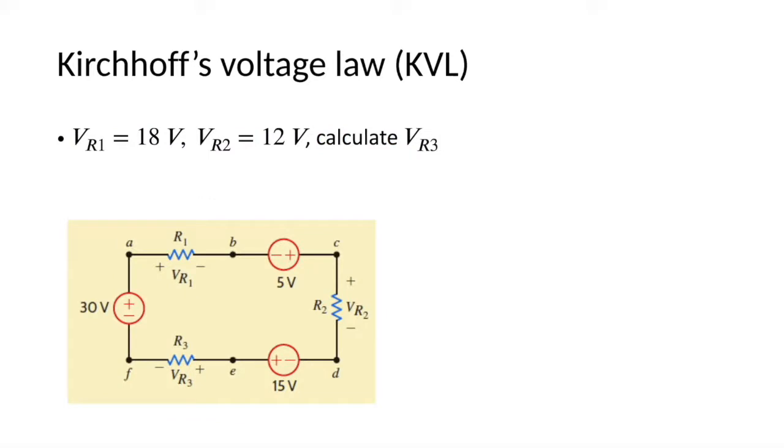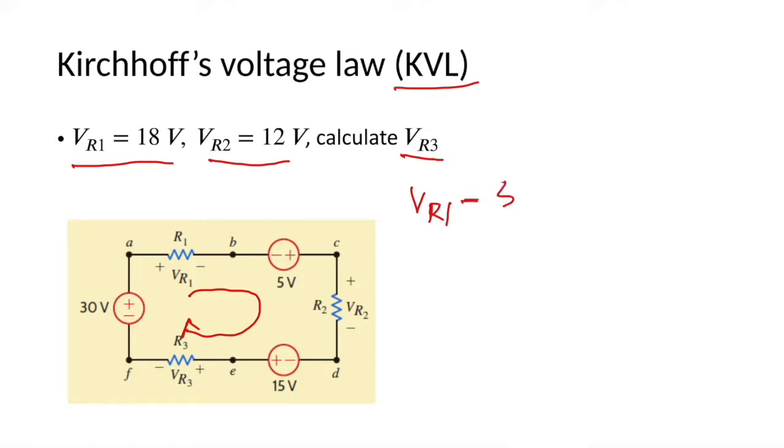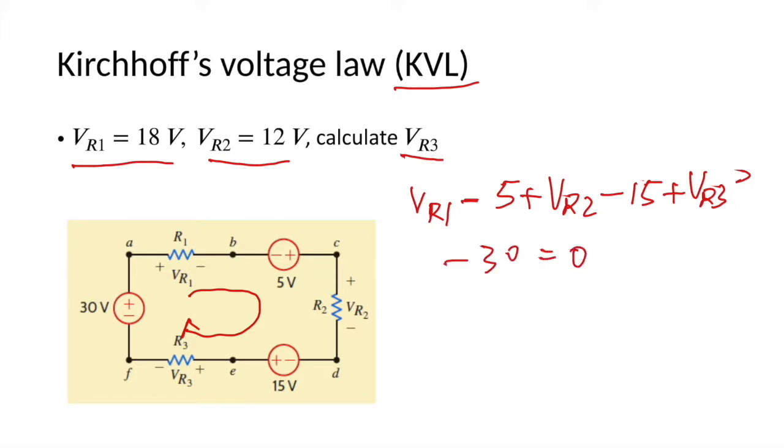And KVL, let's take a look. We know VR1 equals 18 and VR2 equals 12. We need to calculate VR3. Choose a loop and write down KVL. So VR1 minus 5 plus VR2 minus 15 plus VR3 minus 30 equals 0, right?